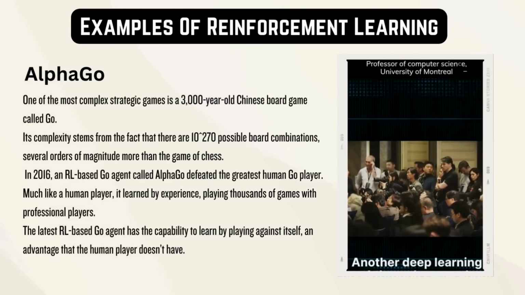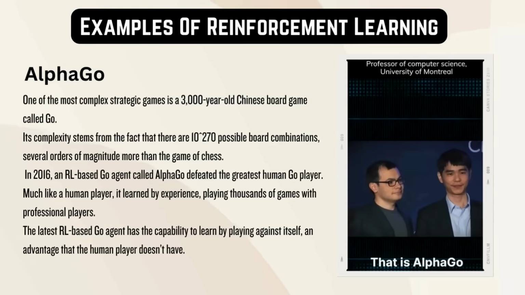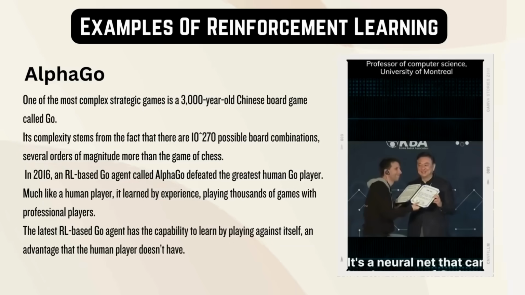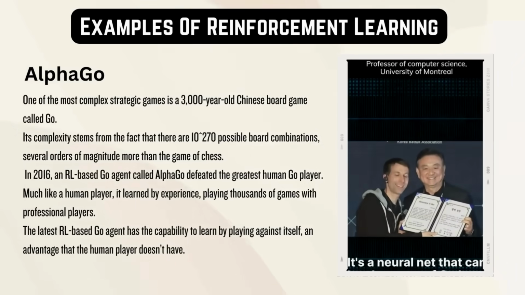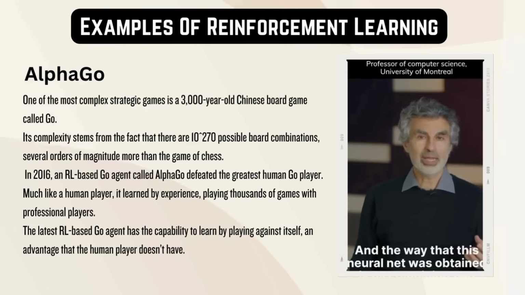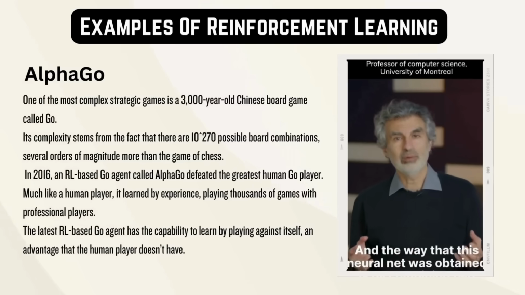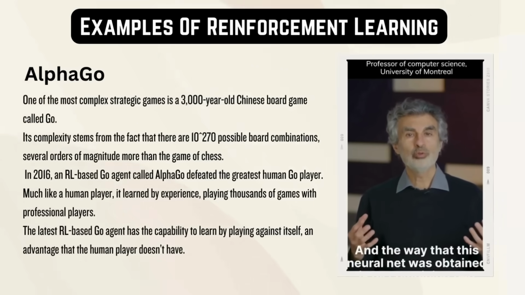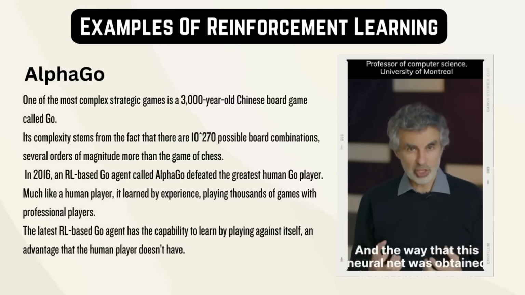Another deep learning breakthrough came about. That is AlphaGo. It's a neural net that can play the game of Go better than the best humans. And the way that this neural net was obtained is by combining two styles of machine learning.